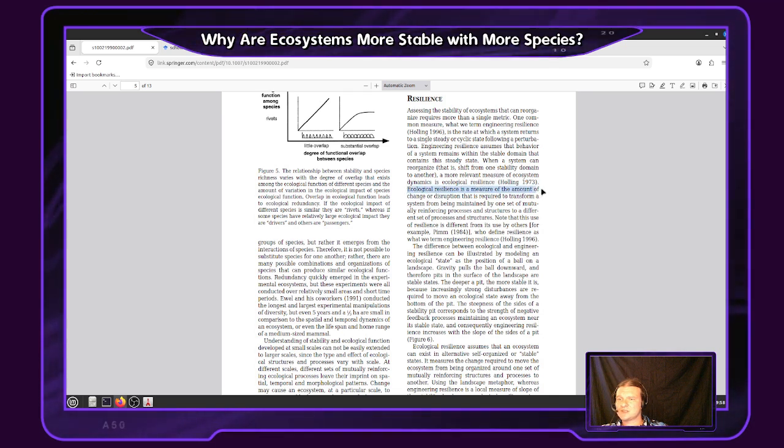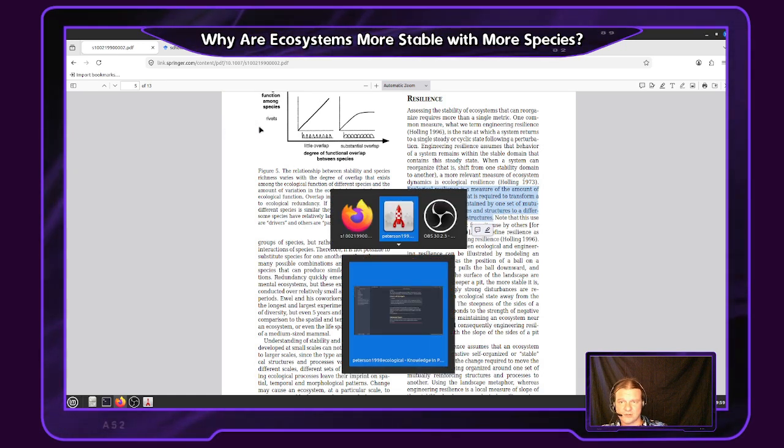Ecological resilience is a measure of the amount of change or disruption that is required to transform a system from being maintained by one set of mutually reinforcing processes and structures to a different set of processes and structures. So that's something we probably want. It's not the only definition, but it seems like one that makes sense. So let's copy that and we'll use that quote.